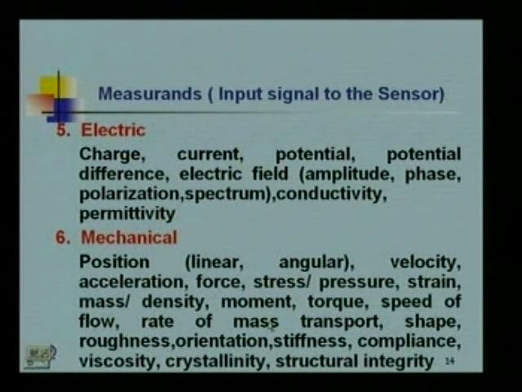Then velocity, acceleration, force, stress or pressure, strain, mass or density, moment, torque, speed of flow, rate of mass transport, shape, roughness, orientation, stiffness, compliance, viscosity, crystallinity, structural integrity. All these are the measurements, and they all belong to the mechanical signal or mechanical energy.